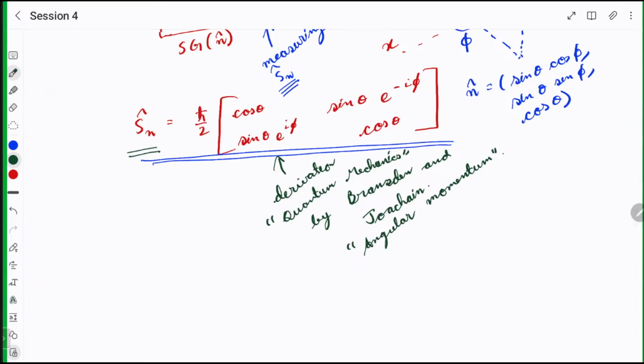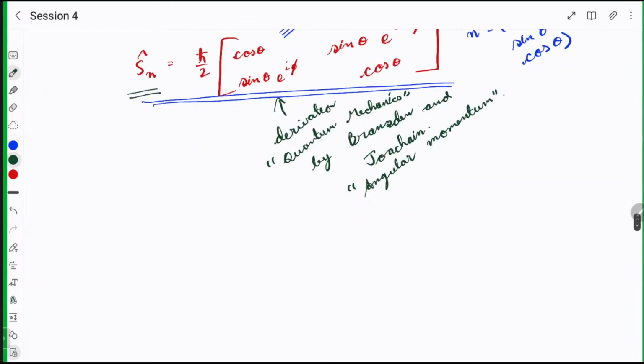As I showed you yesterday how to calculate the eigenvalues and eigenvectors, I won't show this calculation again, but you can check that the eigenvalues of Sn are plus ħ/2 and minus ħ/2. So this matches our experimental results.